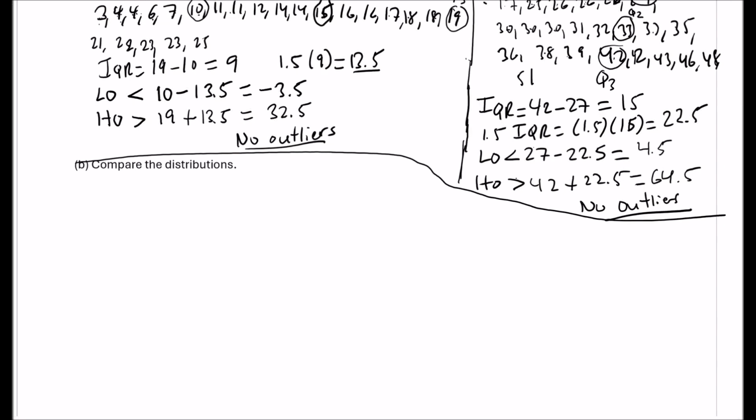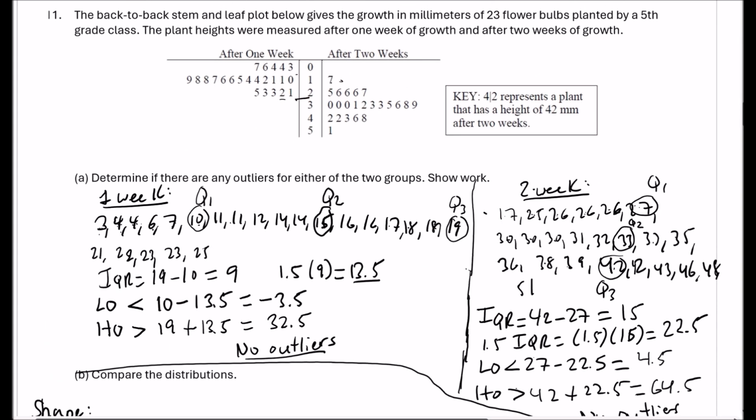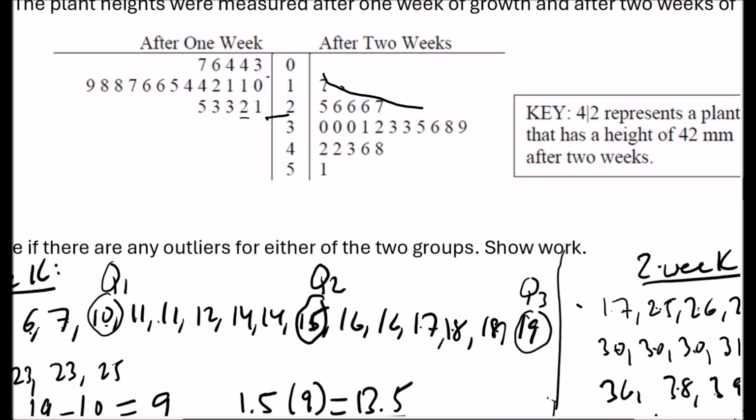Okay. Now we want to compare the distributions. So we're going to compare them with SOCS, okay? So we got shape is for the S in SOCS. So if you look at both distributions, they both appear to be roughly symmetric. That looks kind of symmetric. This looks symmetric, okay?